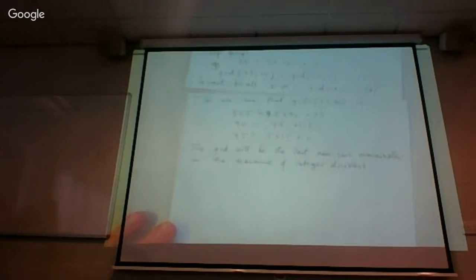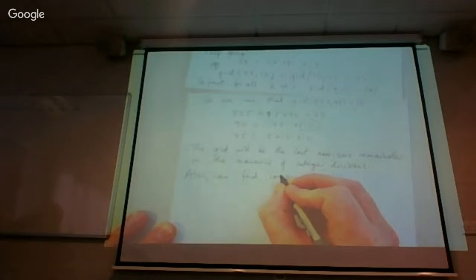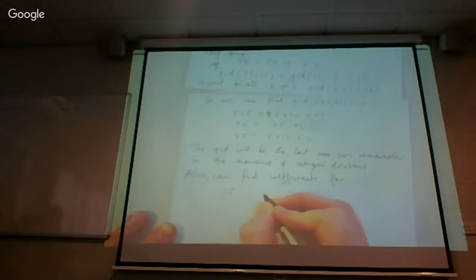But then secondly, you can find the coefficients. You see, the theorem we proved the last time said you can always write the greatest common divisor as a linear combination of the two numbers.